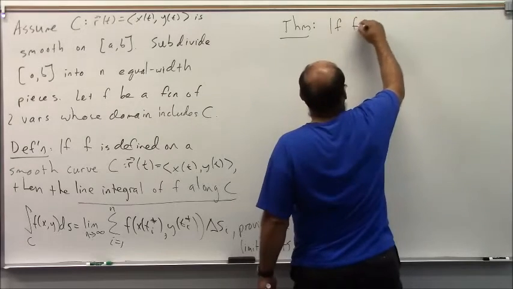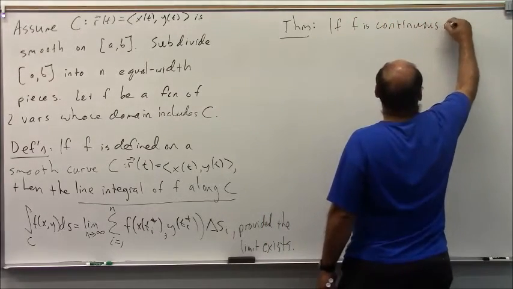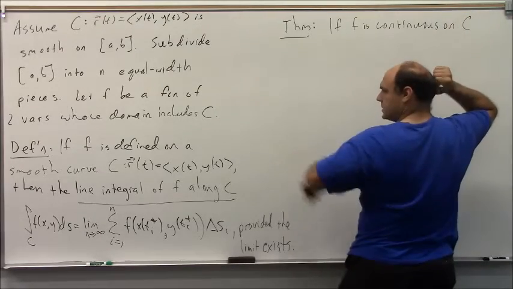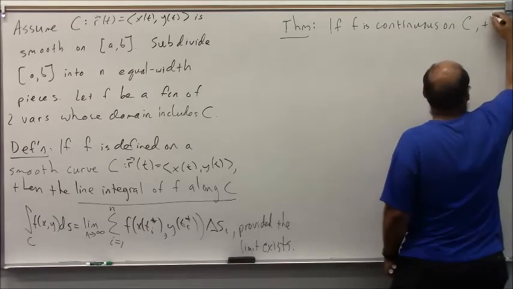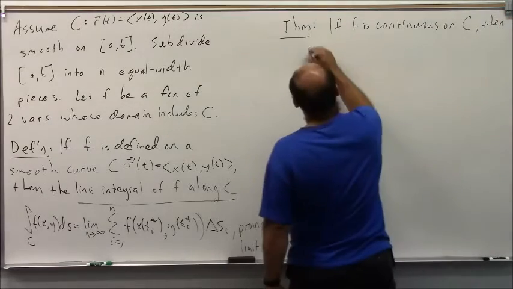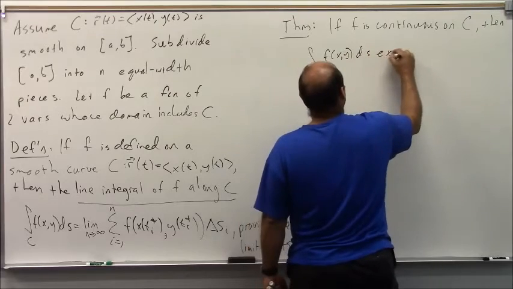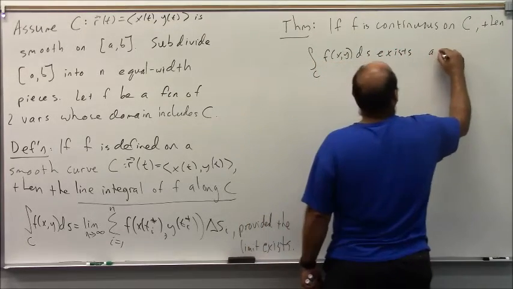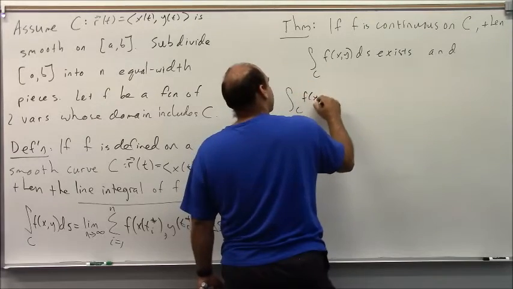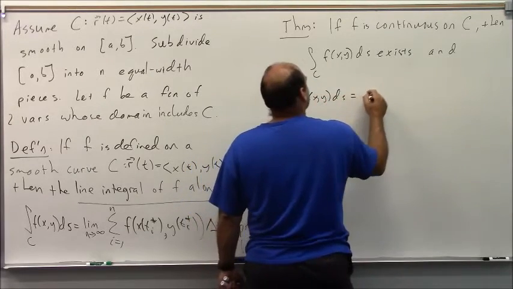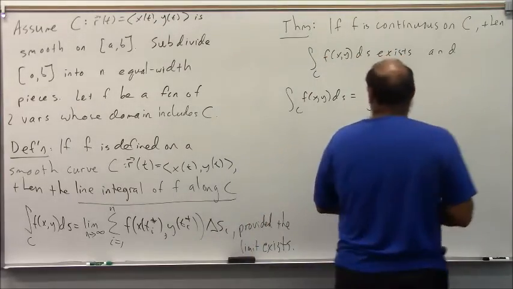So if f is continuous on C with the same setup that we've had here, then the integral over C of f of x, y ds exists, and the integral over C of f of x, y ds is equal to the integral, okay, this is nice.